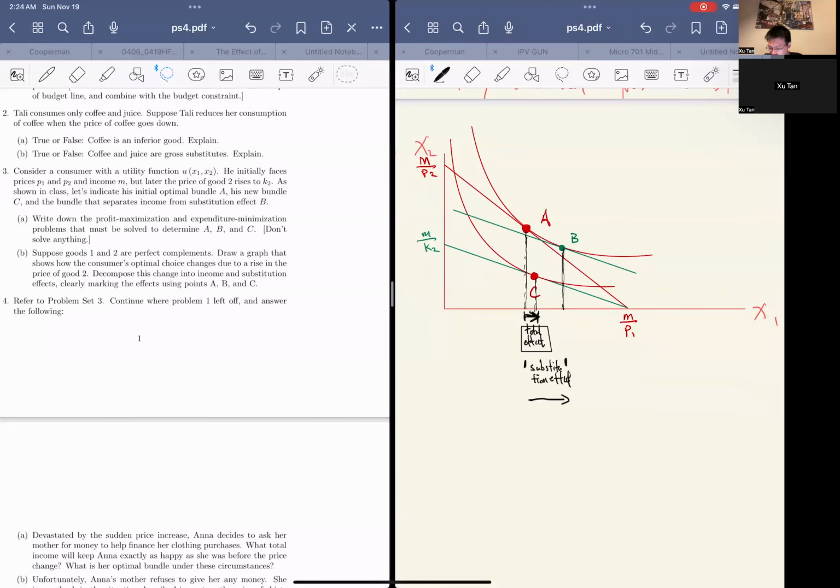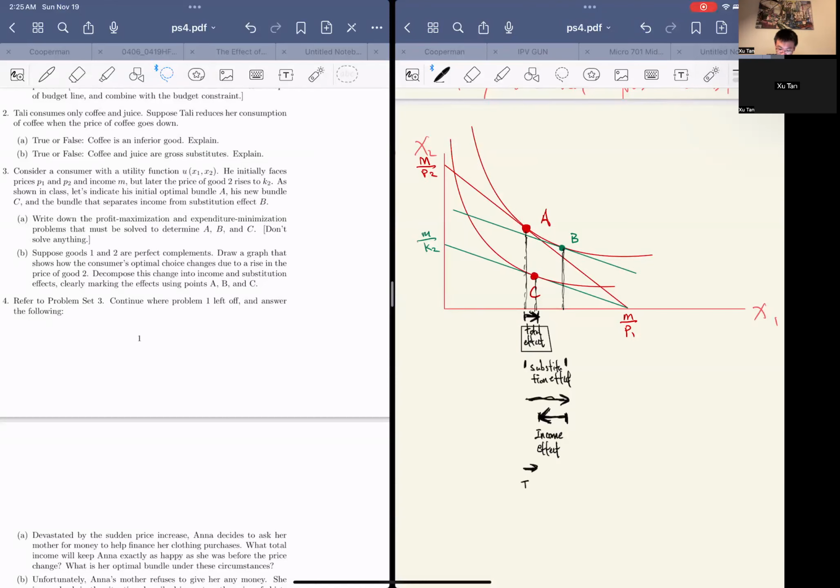So the income effect must be from B to C. Substitution is going this way, and the income effect goes this way, so they cancel each other out, and then we get a small tail of moving up.